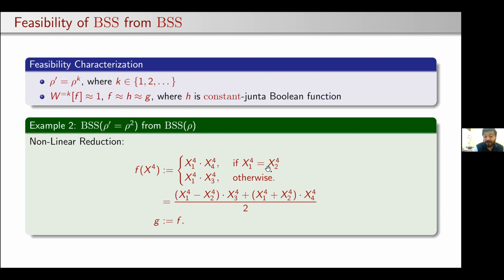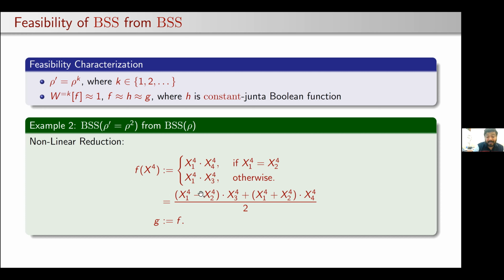It checks if the first 2 samples are identical or not. If the first 2 samples are identical, then it outputs the product of the first and the 4th sample. If the first 2 samples are different, then it outputs the product of the first and the 3rd sample. It is clear that this is a Boolean function.